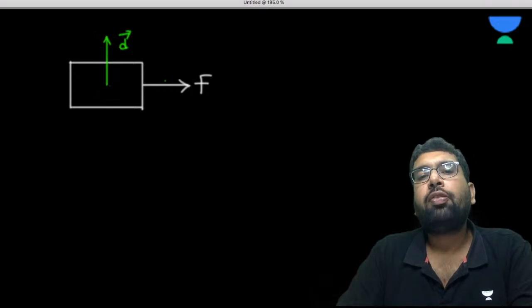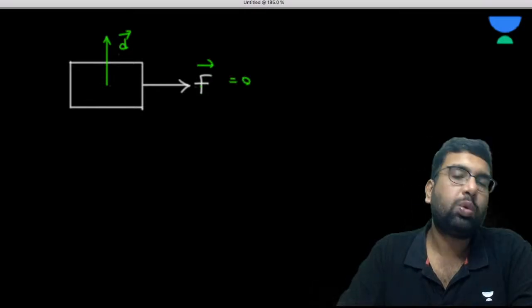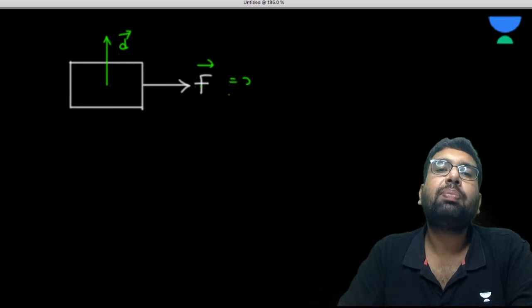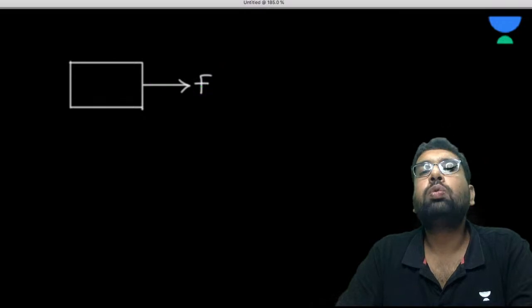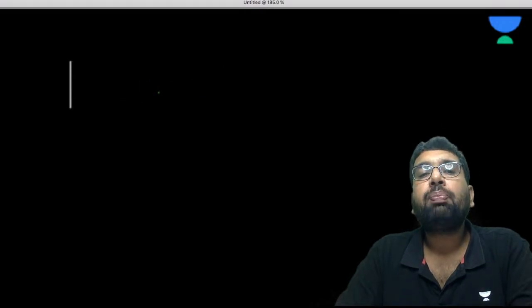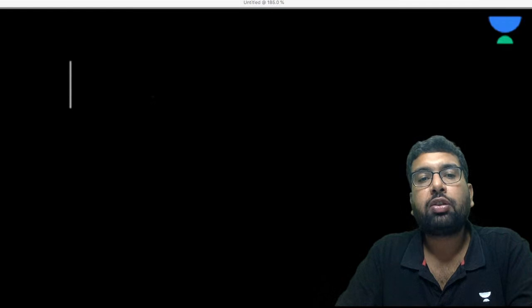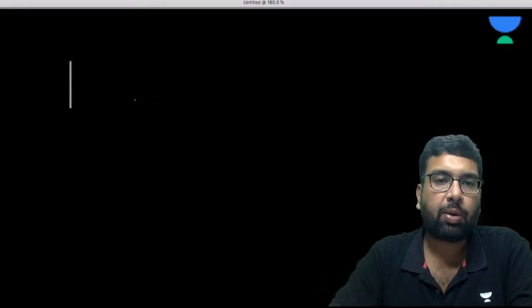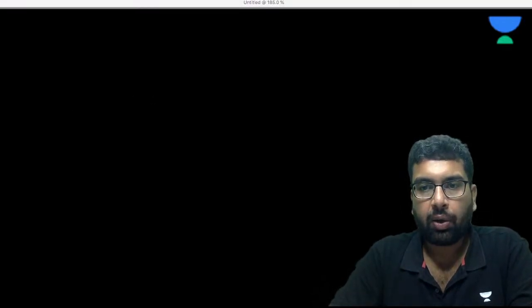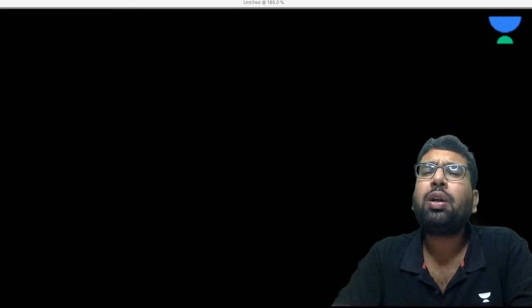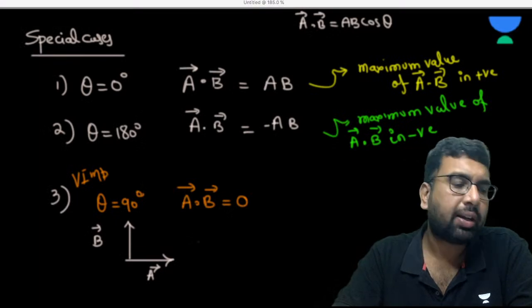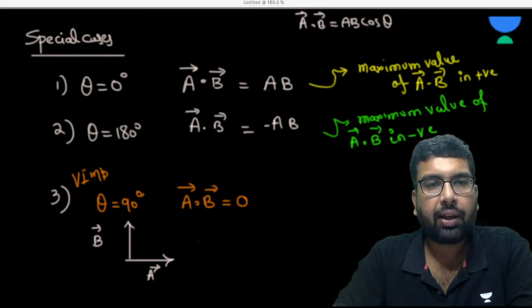Because if you do the dot product of these two vectors, it is going to be 0, so there is no work done. No work done means this body simply cannot move. Any body cannot move in the direction perpendicular to the direction of the force. Are you getting my point? Okay, you got it now. I don't want to confuse you, I am just trying to tell you the physical interpretation. That's all.